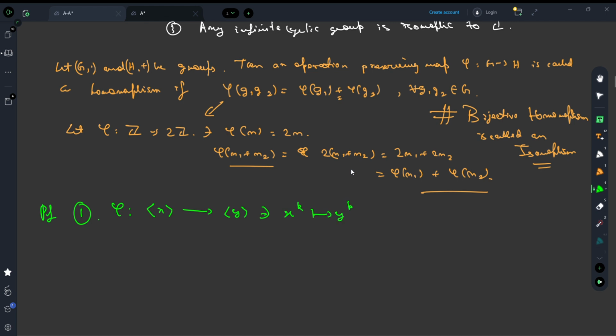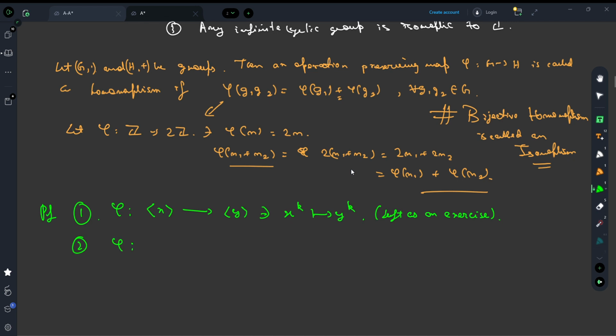Proof number 1: if I consider the map from the cyclic group generated by X to the cyclic group generated by Y such that X to the power K is sent to Y to the power K, then observe that we can get hold of an isomorphism. Clear? I leave this as an exercise. Try it on your own.